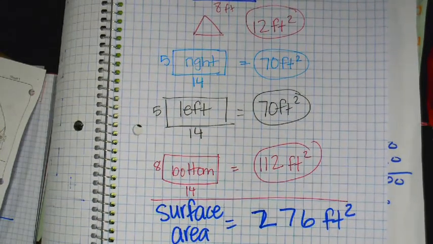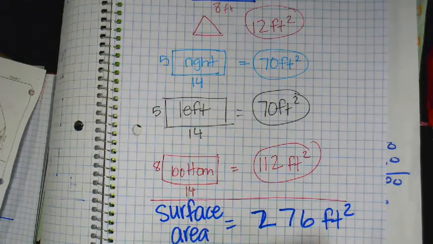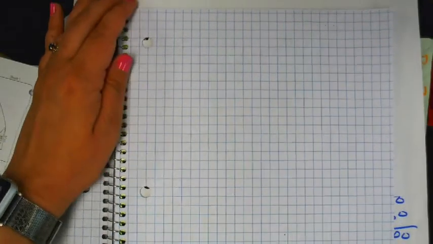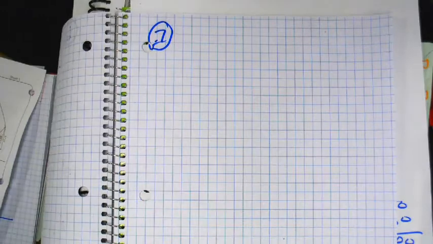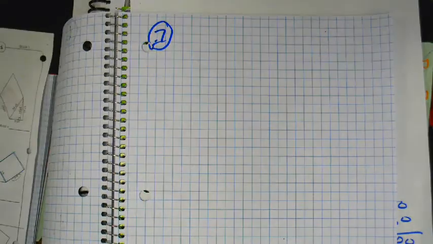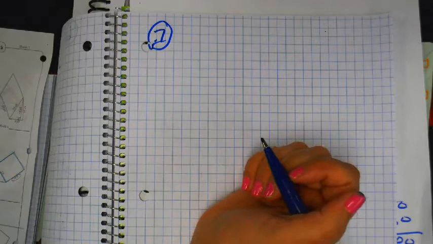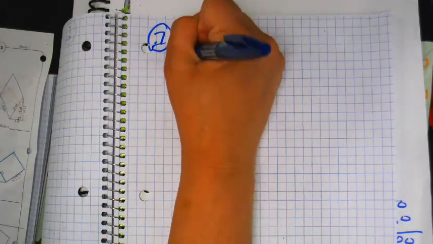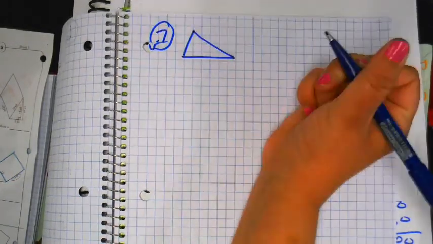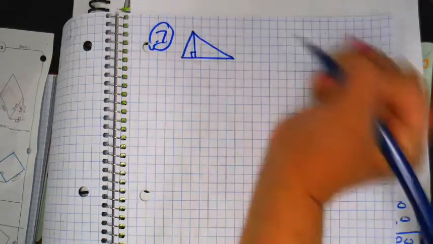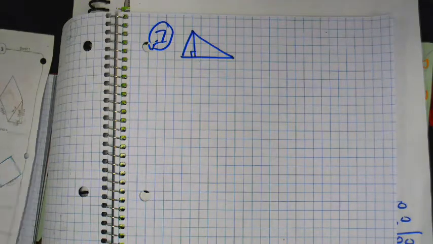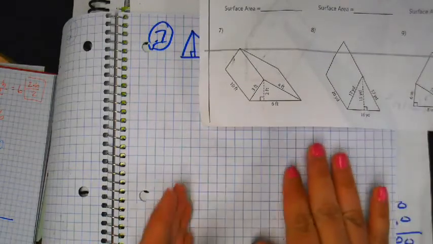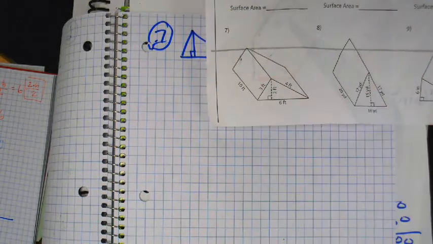Number 7, draw your triangle. Start off with the triangle.